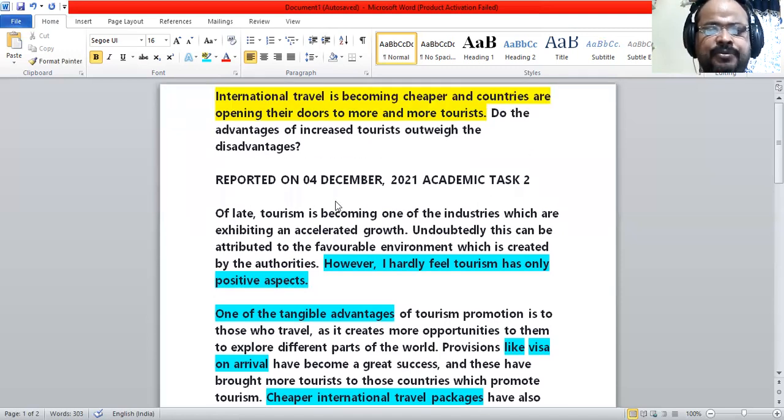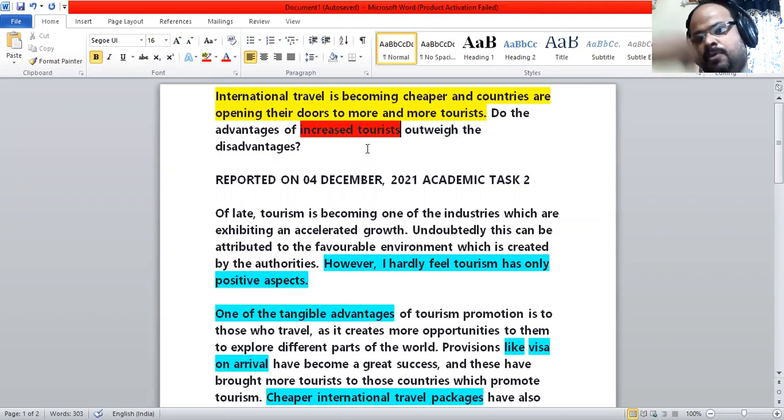So we have to address specifically the advantages of increased tourists. If there are more tourists, what happens? Now, this is to be focused.